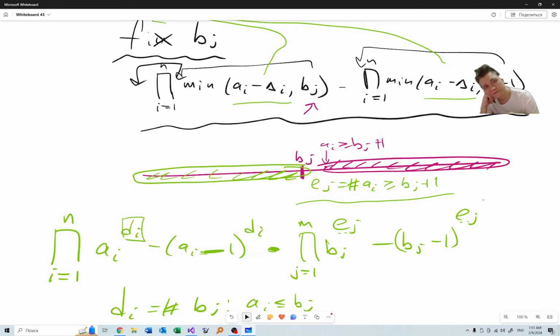Well, does it work? Does it work? I'm afraid of this asymmetry, because here we have a non-strict inequality, but here we have the strict one.